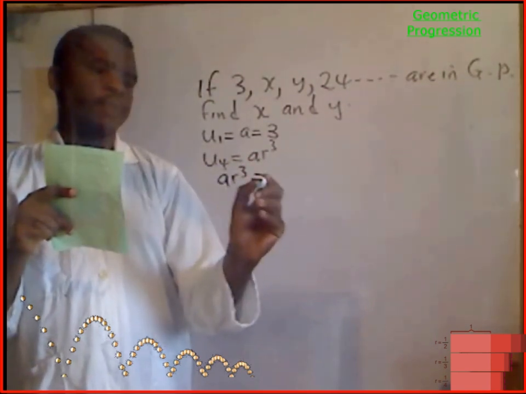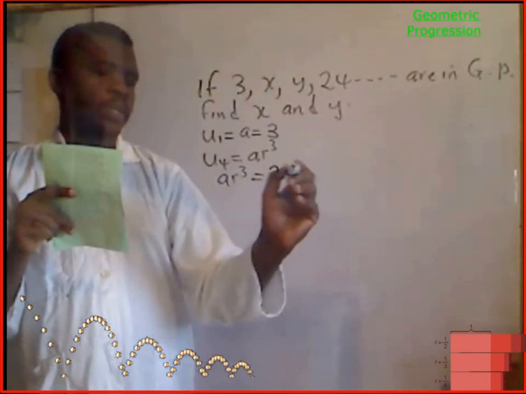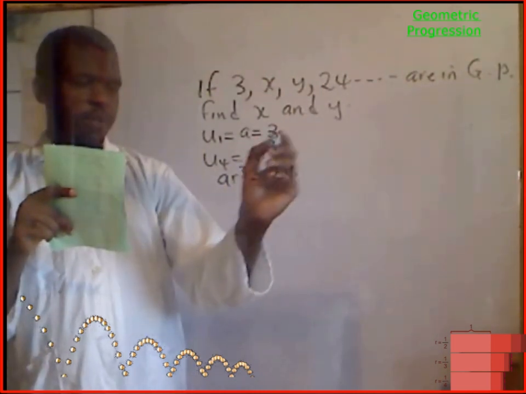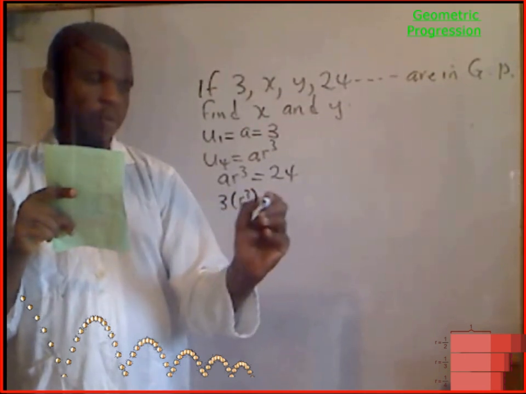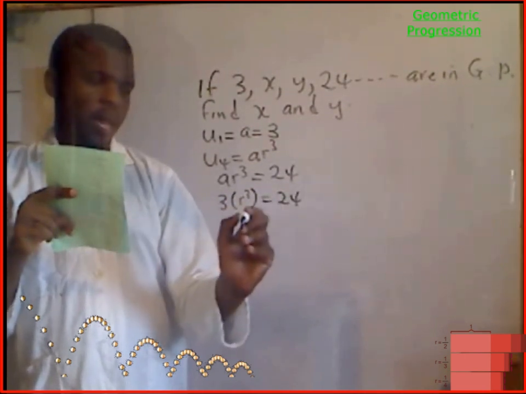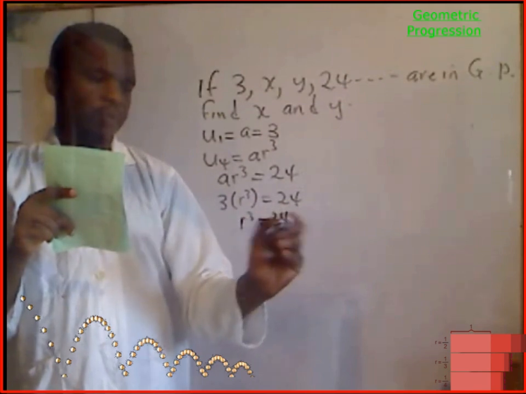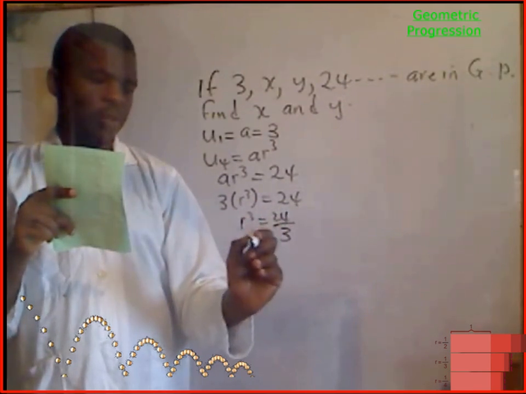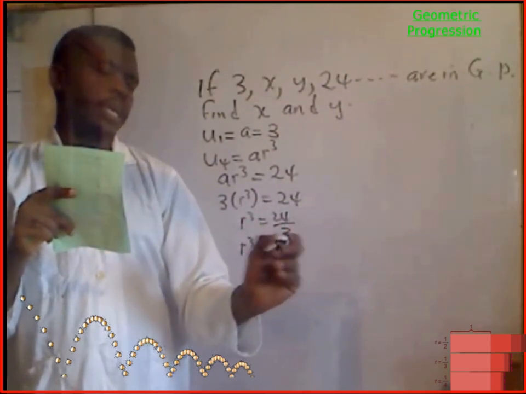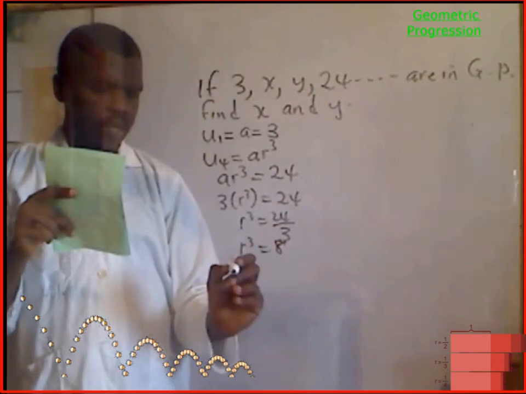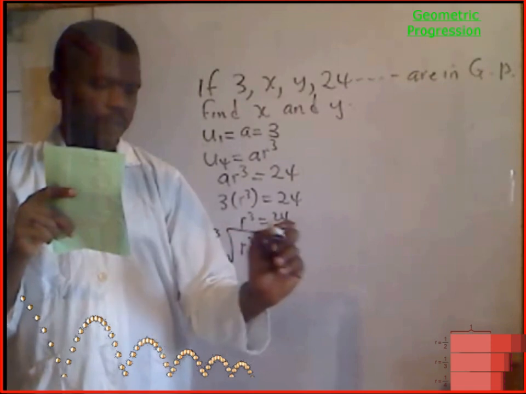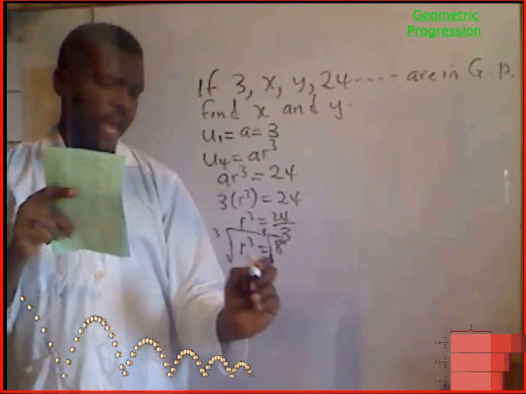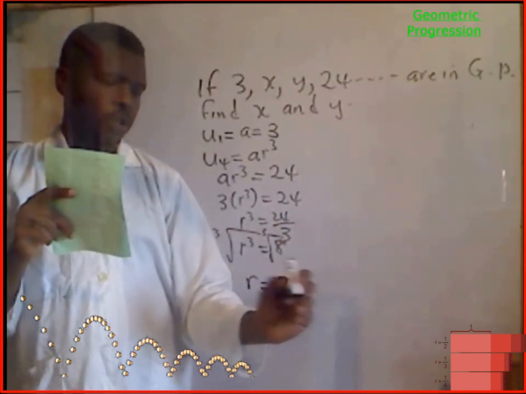AR cubed, our fourth term, is equal to 24. But we know the first term A, so I'll say this is 3 times R cubed is equal to 24. R cubed is equal to 24 divided by 3. R cubed is equal to 8. I then take cube root of both sides. Here I have R is equal to 2.